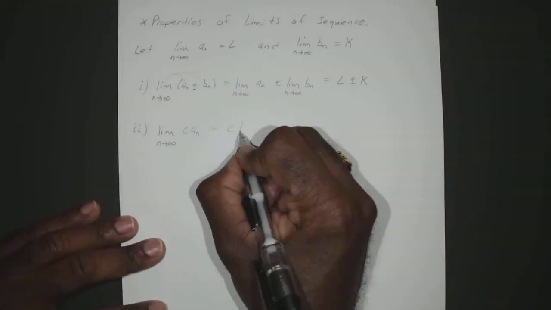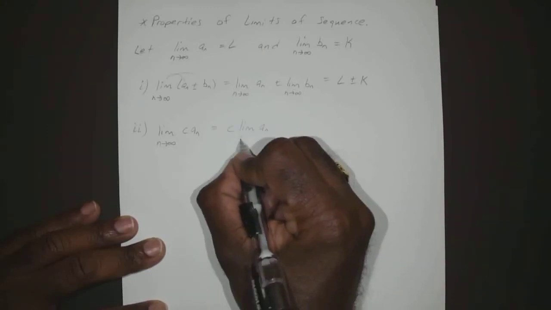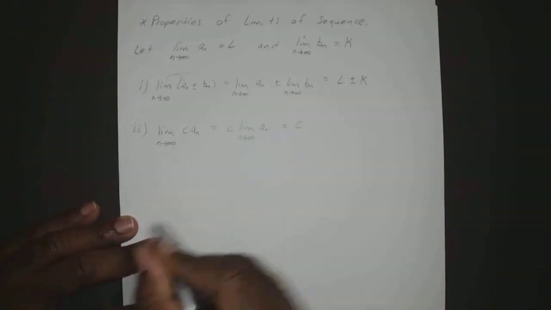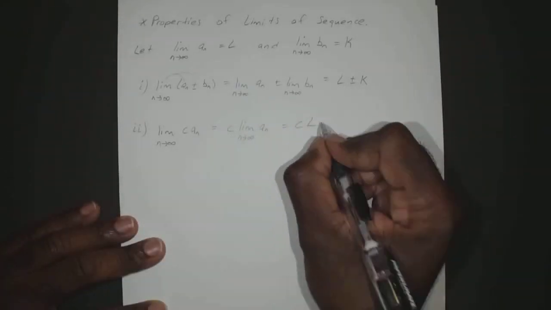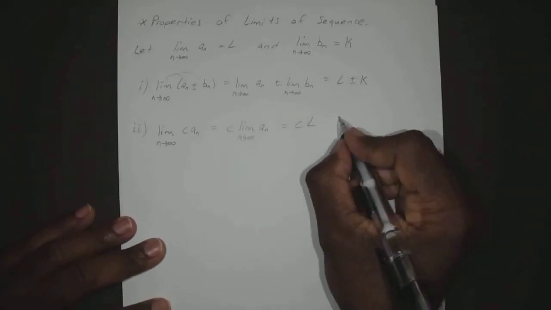So that constant times the limit of the a sequence as n approaches infinity is just equal to the constant times L, where c is a real number.